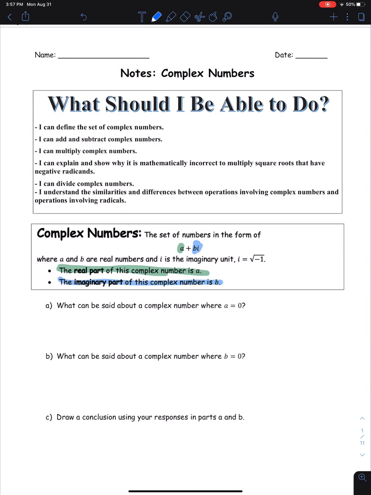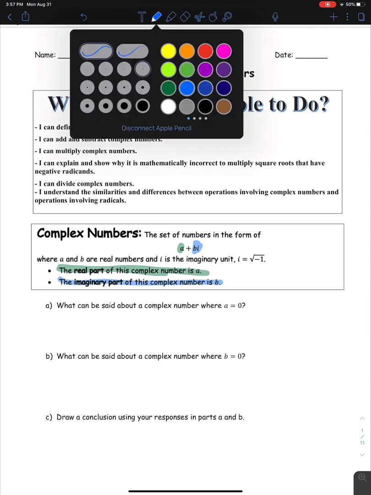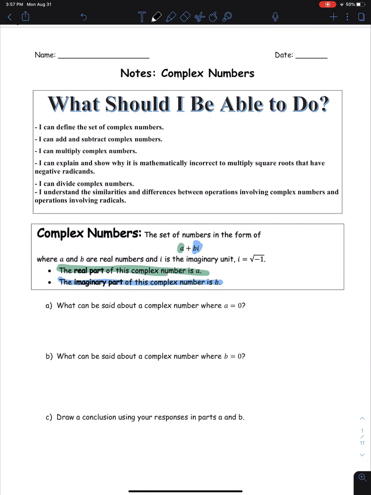So if a is 0, that would be 0 plus bi, which is just bi.